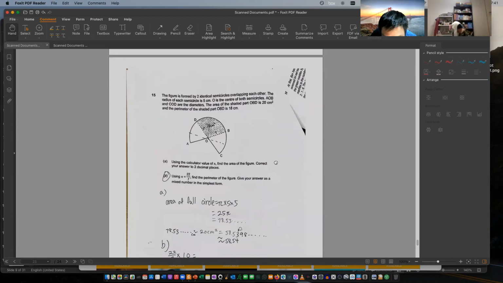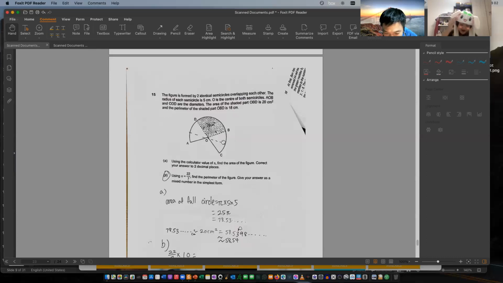Of course, you need to know how to do this, because it appears very often. Or you just tell me what is the key in order to find the parameter of the figure. What's the key point?